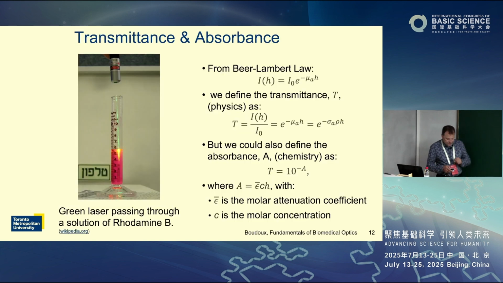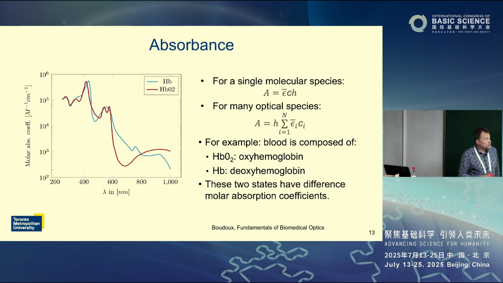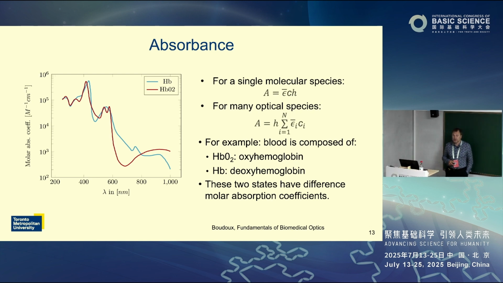The measurable parameters that are based on the Beer-Lambert law are usually transmittance and absorbance. That basically characterizes exactly the losses of light when light goes through a biological object. And this is an example of absorbance of probably one of the most important absorbers in the human body.